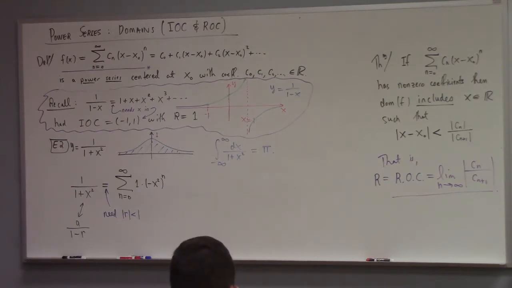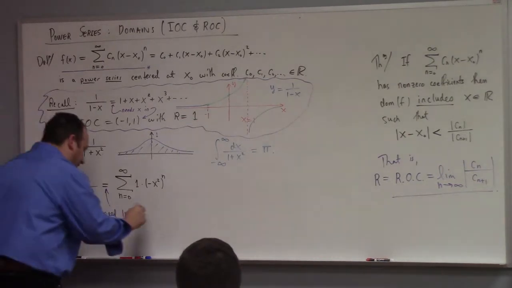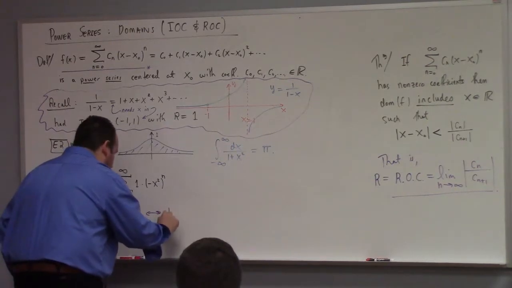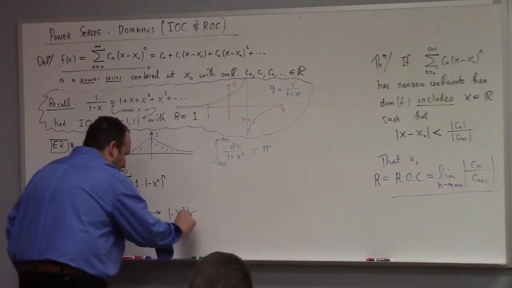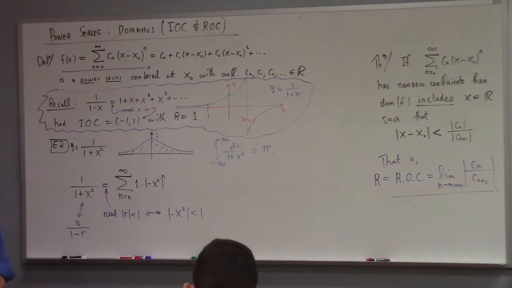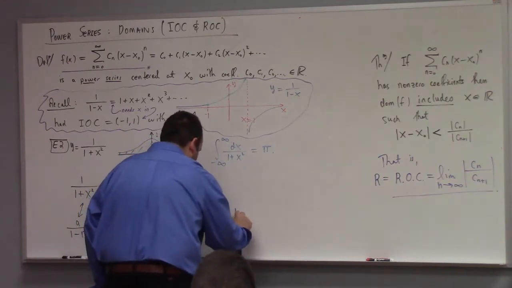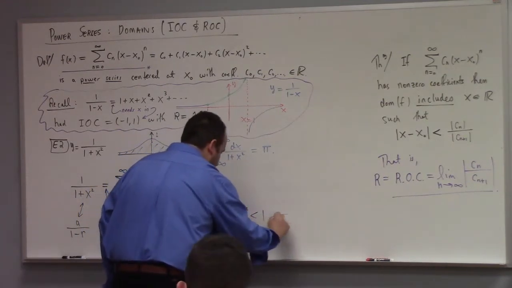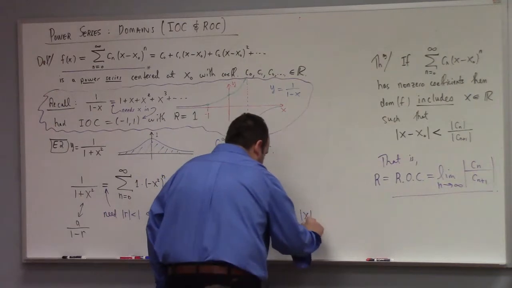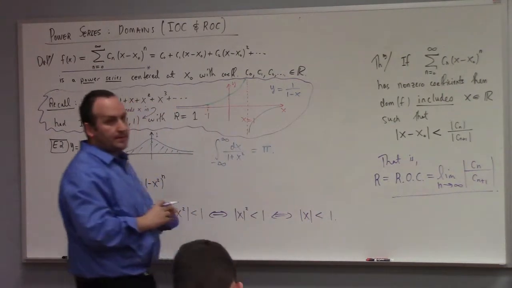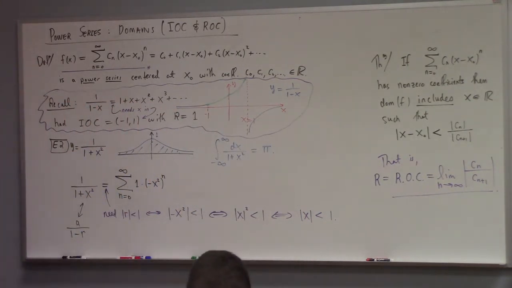When that condition is not met, we have divergence, right? Now, what that means in this case is the absolute value of minus x squared is less than 1, which is the same as the absolute value of x squared less than 1, which is the same as the absolute value of x less than 1, because we can take the square root of the inequality in this context.